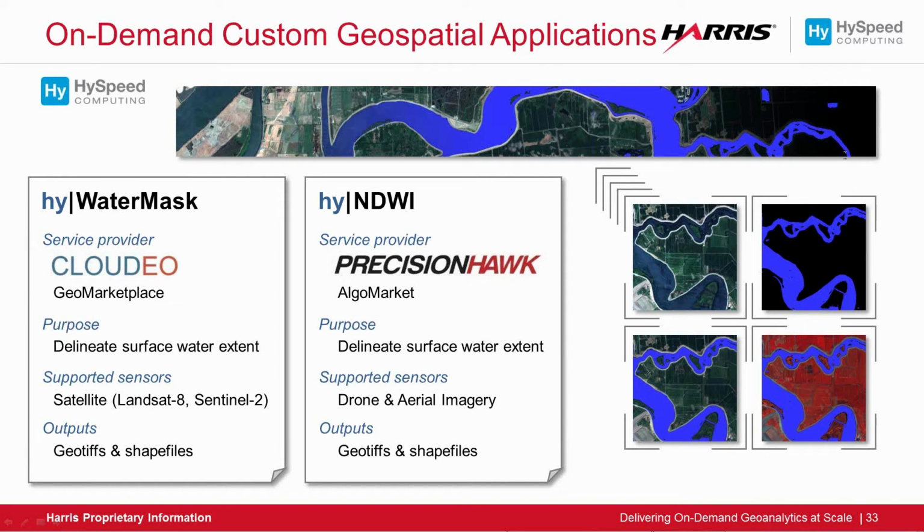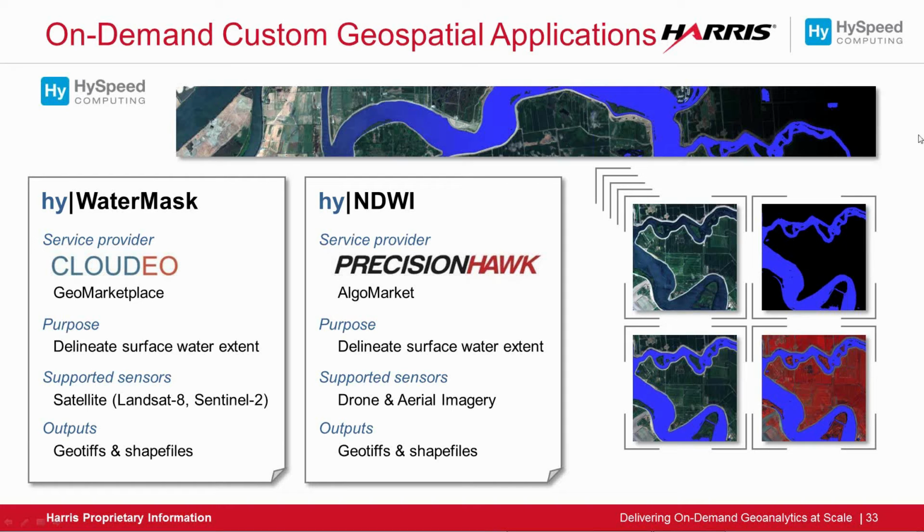WaterMask is on the Cloud.io Geo Marketplace. This is a European-based company with a presence here in the US as well. They provide an online infrastructure for integrating everything from data providers and software developers to scalable processing. So it's kind of an app market, the idea of an app marketplace within the geospatial industry.